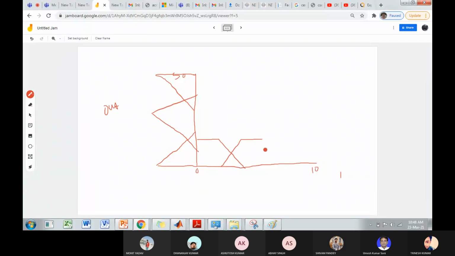So what is the graph followed by this input output relationship? So this is completely the fuzzy space. Okay, in this fuzzy space, what happens? What is the overlap area? This is the overlap area.